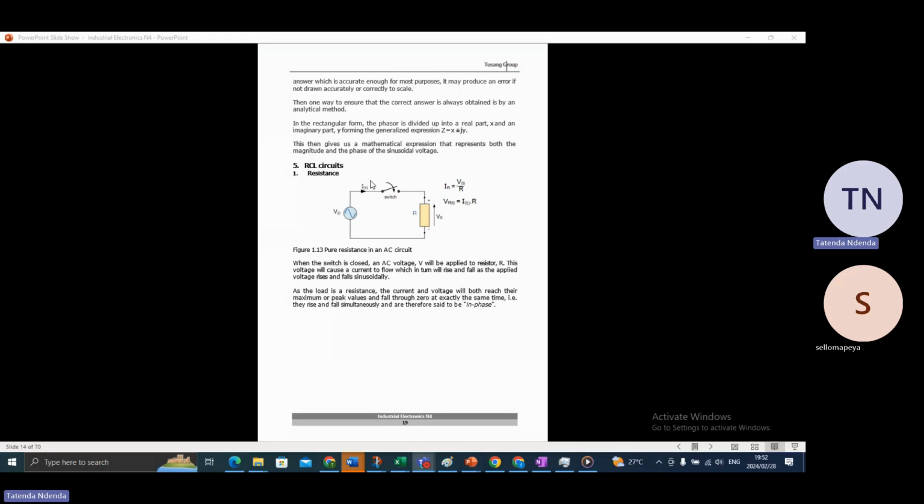That's why sometimes whenever you're charging a phone, at the end of the day the charger is hot. There are certain variables that are resisting the flow of current. So when the switch is closed, an AC voltage V is applied to the resistor R. This voltage will cause a current to flow, which in turn will rise and fall as the applied voltage rises and falls simultaneously.